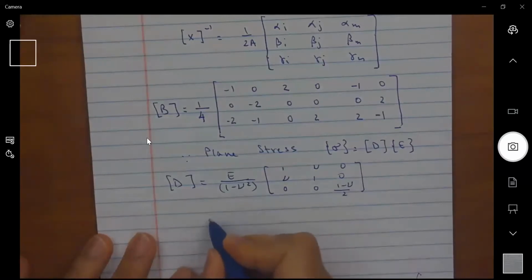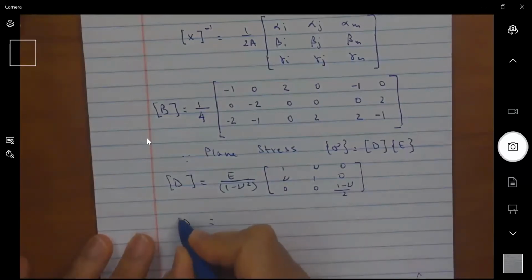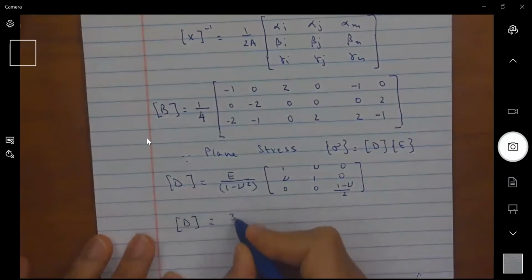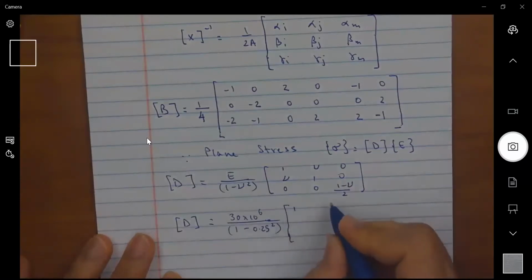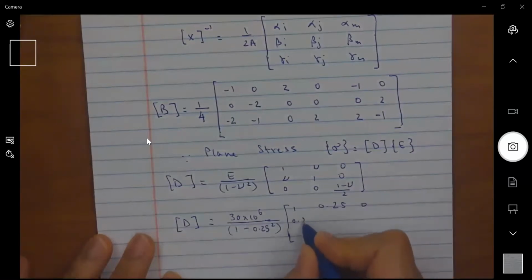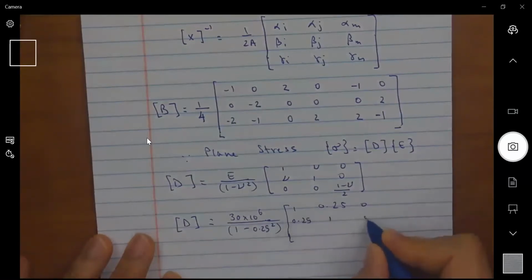So if I evaluate D, I will get 30 times 10 to the power 6 divided by 1 minus 0.25 squared multiplied by 1, 0.25, 0, 0.25, 1, 0, 0, 0, and here I have 1 minus 0.25 divided by 2.